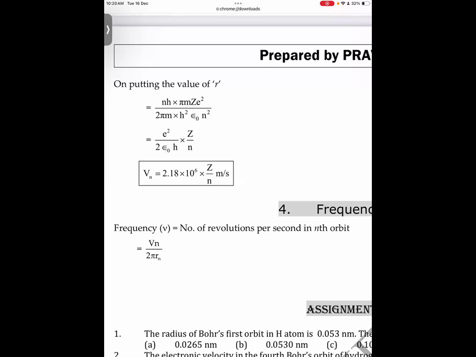Frequency means repetition. So number of revolutions per second in the nth orbit: the speed is Vn and the circumference is 2 pi Rn, so speed upon circumference. Divide them and you will get this answer.